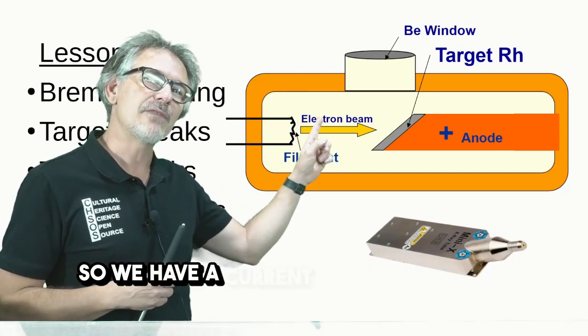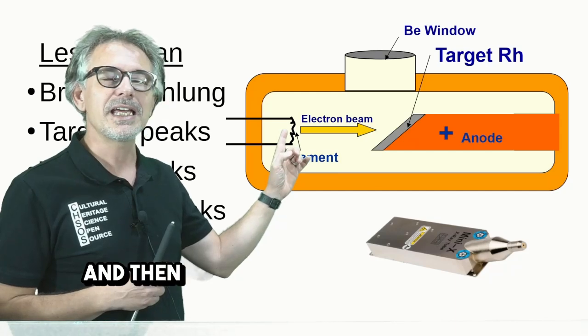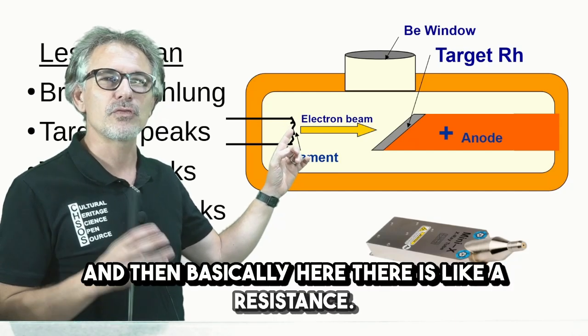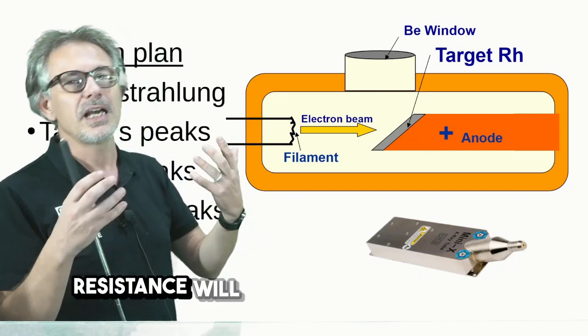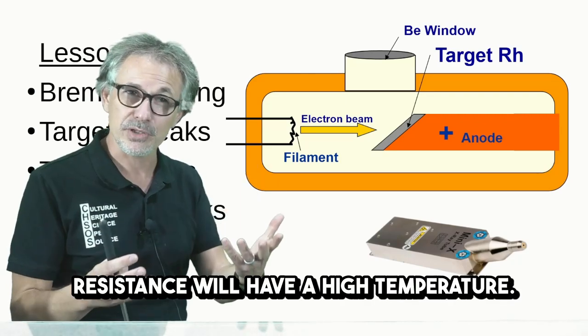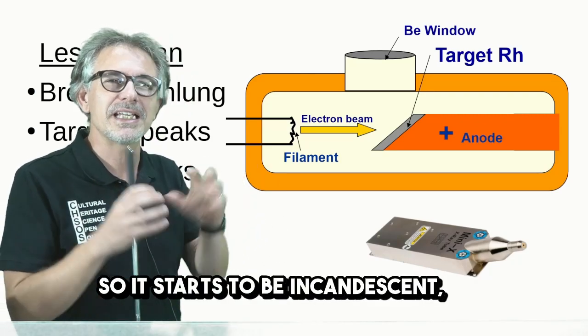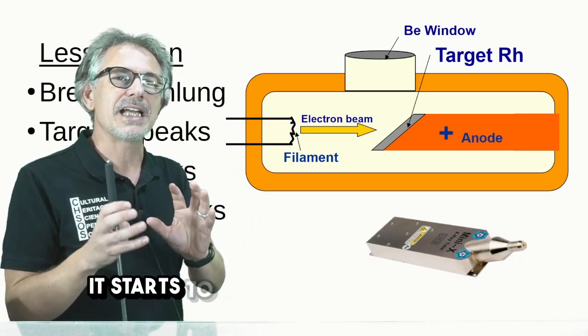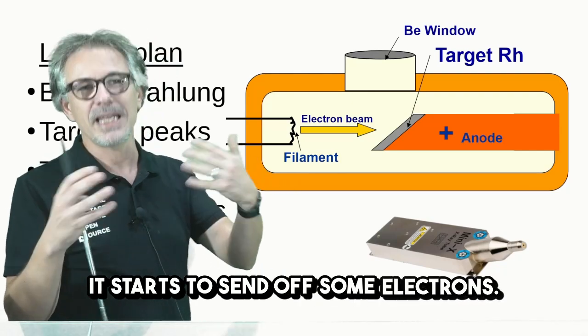So we have a current here in this black wire, and then basically here there is like a resistance. So when there is a current, this resistance will have a high temperature. And so this high temperature, it starts to be incandescent and it starts to send off some electrons.